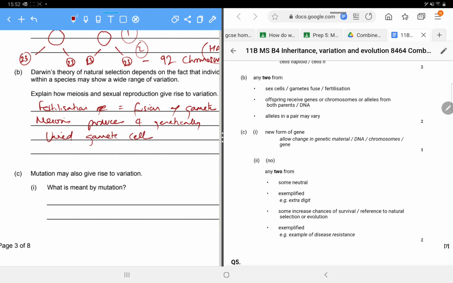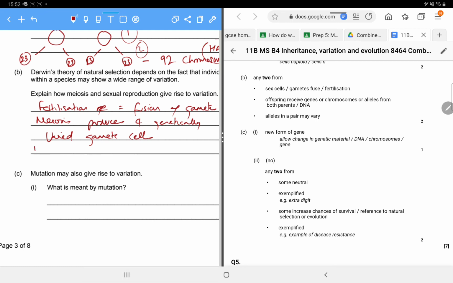So if two gametes fuse, you are going to get a brand new genetic arrangement. Looking at the mark scheme: sex cells, gametes fuse, offspring receive genes or chromosomes or alleles from both parents, so the fusion of gametes from both parents, and alleles in a pair may vary.